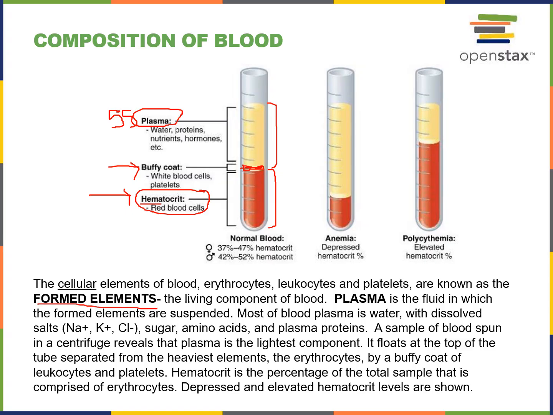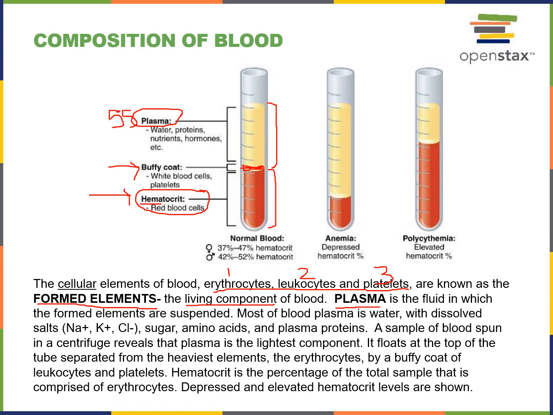It's here in bold, and it comprises what you might want to think of as a solid part of blood, the cellular elements, but remember platelets are cell fragments. So erythrocytes, leukocytes, and platelets make up the formed elements of blood. So the formed elements then are the living component of blood.